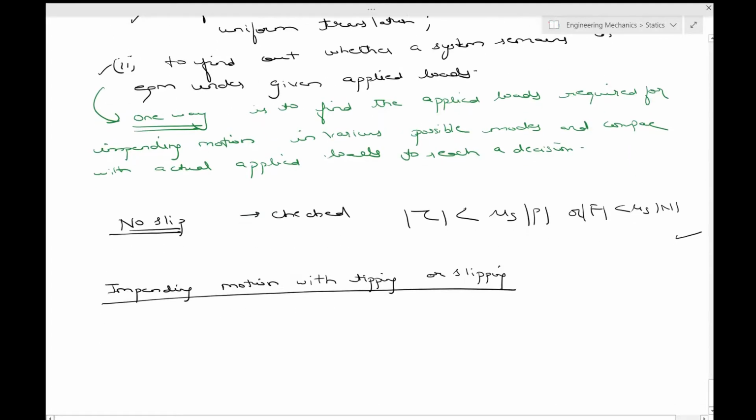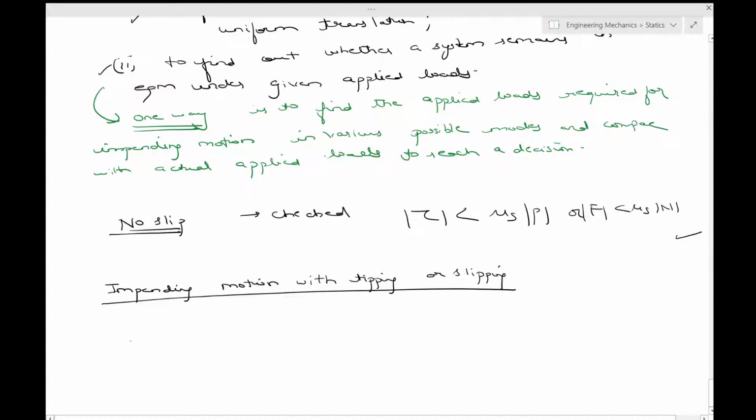Now the check which you want to do: many a time, when you are trying to make a body slip, it can also tip. So we want to check whether a body which was in equilibrium and is subjected to a gradually increased load loses its equilibrium by impending slipping or impending tipping. We have to check that part.